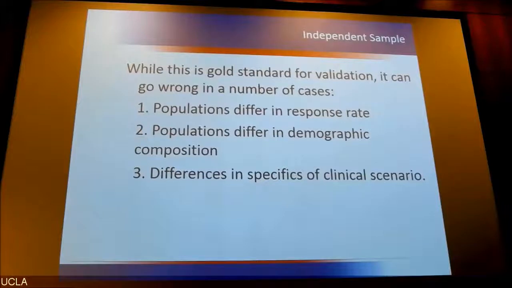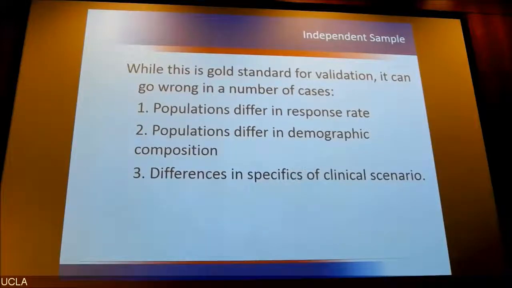Okay. So for an independent sample validation, this is often considered to be the gold standard. The challenge for a research study is that if we are going to a completely independent population, those populations may really differ in terms of, say, response rate or disease rate. They may differ quite a bit in terms of the demographic characteristics.